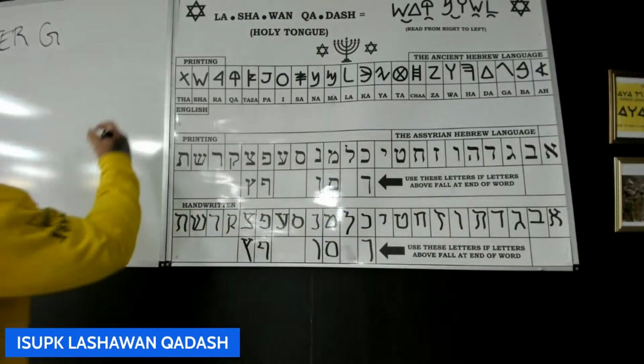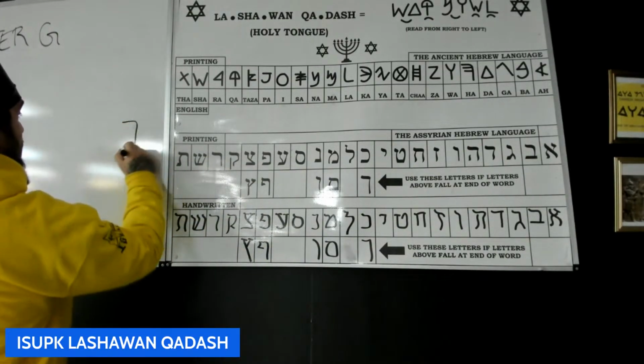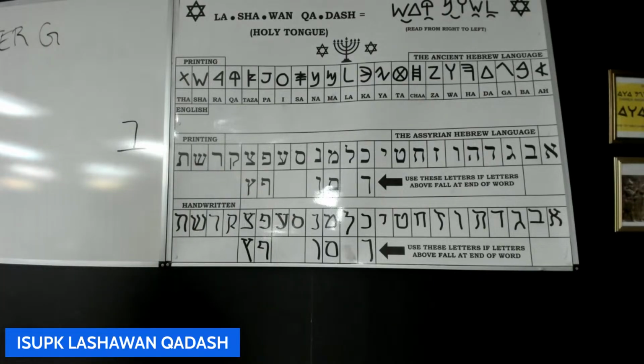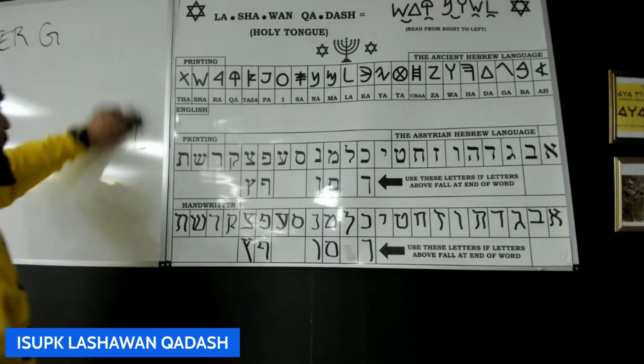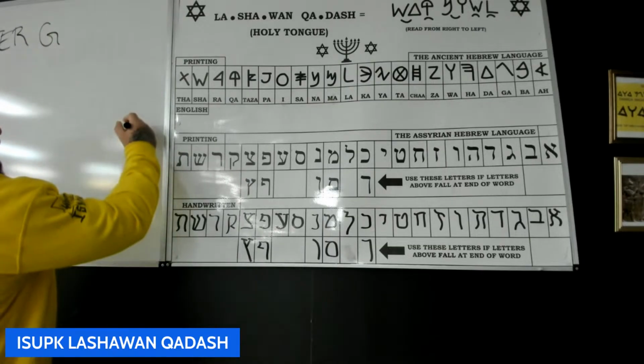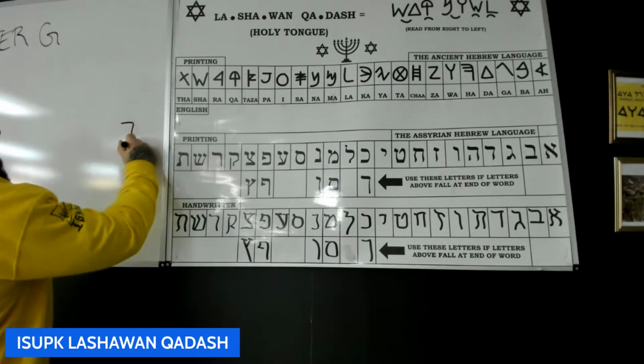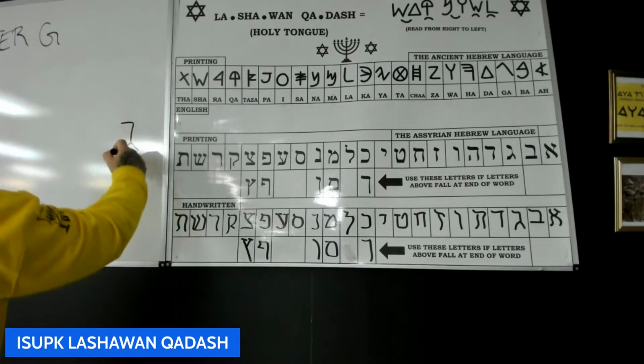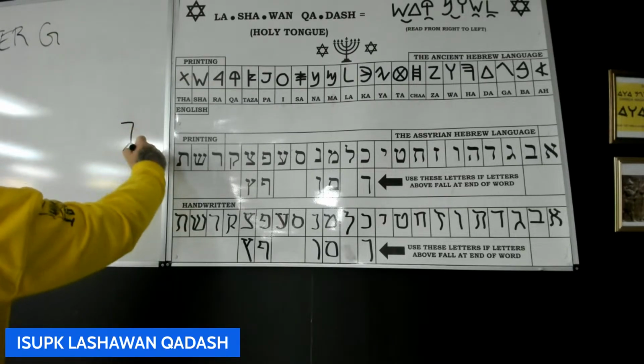All right, and this is Ba. This is Ba. Ga is like a 7 with a little hill at the bottom.